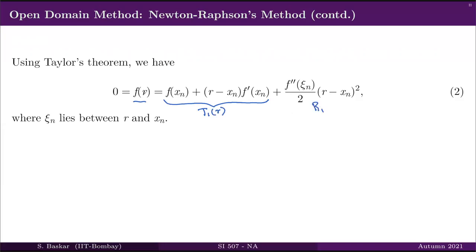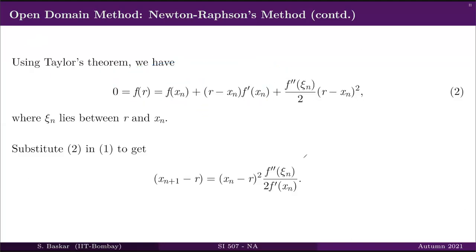Now, since f(r) equals 0, we can write f(x_n) plus (r minus x_n) into f'(x_n) is equal to minus f''(ξ_n) divided by 2 into (r minus x_n) the whole square, which is the remainder term. I'm just taking it to the other side of this equation. Now substitute this term here to get what we actually want to show. Remember, the ξ_n that we obtained here lies between r and x_n, which comes from our remainder term.